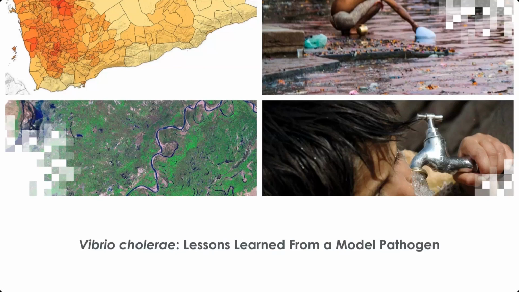Since we have a lot of data sets for Vibrio cholerae, we had the opportunity to build that model and understand how the environmental conditions are associated with this pathogen. And then we will see how we have translated that information to other Vibrio species.